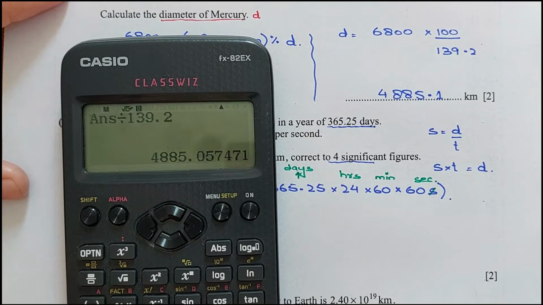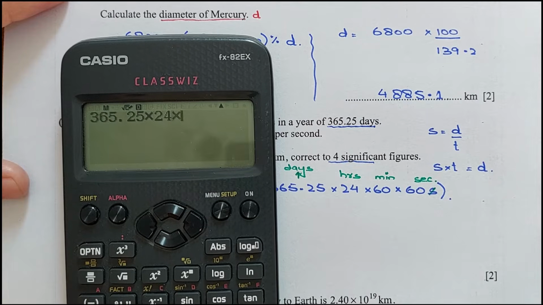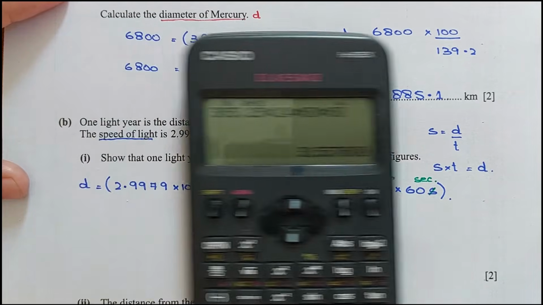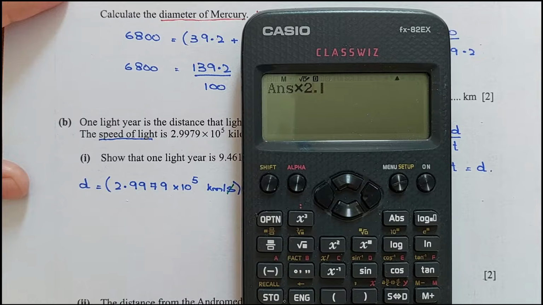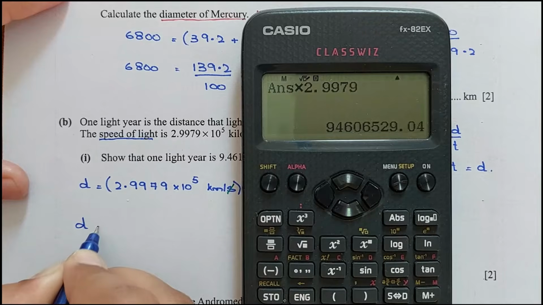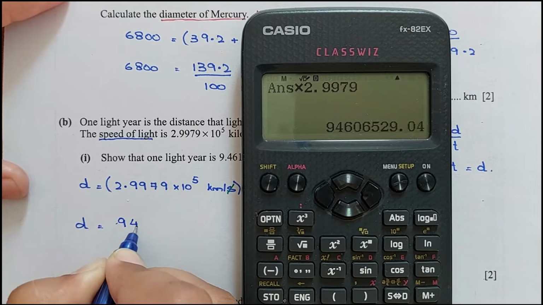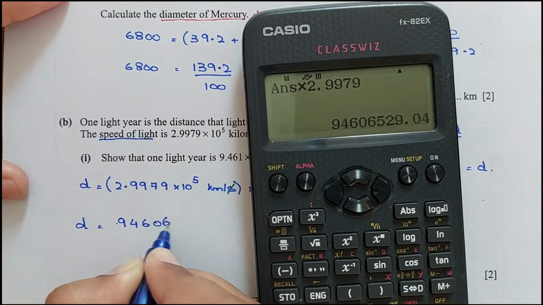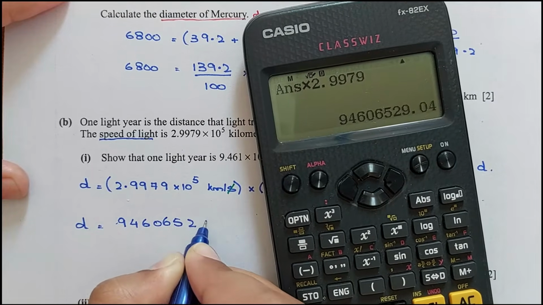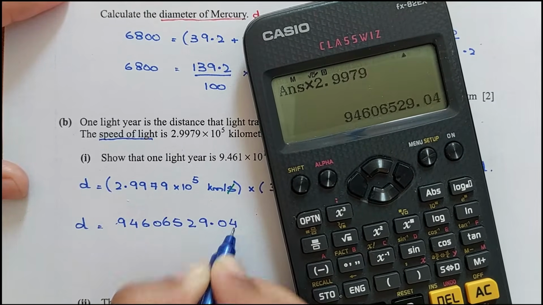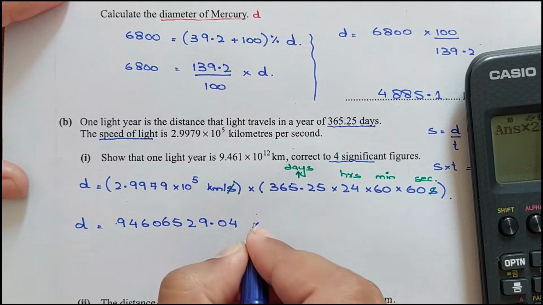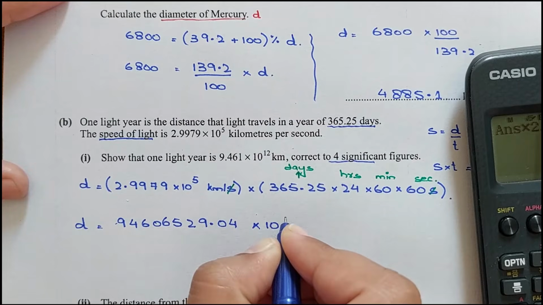We can say 365.25 times 24 times 60 times 60, and that times 2.9979 is this. So D is going to be 94606529.04 times 10 to the power 5.